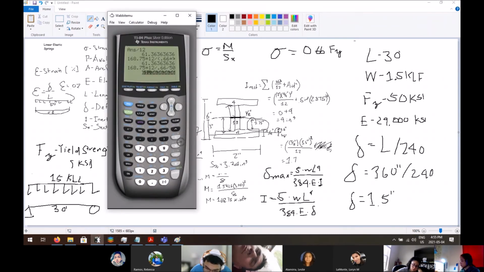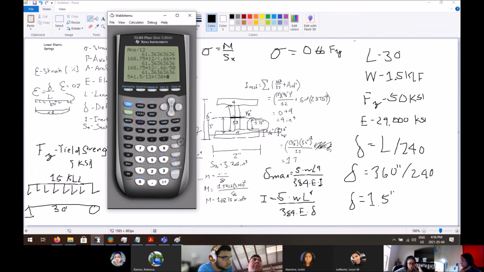Hopefully I did all my calculations correctly. 5 times W, 1.5 kLF, that's per linear foot, so we have to divide that by 12 to turn that into kips per linear inch, I believe, times L, which is 30.